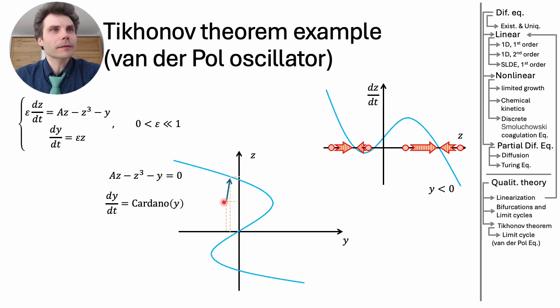After that, the Tikhonov theorem comes into play. Once z has reached its quasi-stationary state, we can substitute the equation for y with the corresponding equation where z is just dictated by the quasi-stationary curve, by this curve.